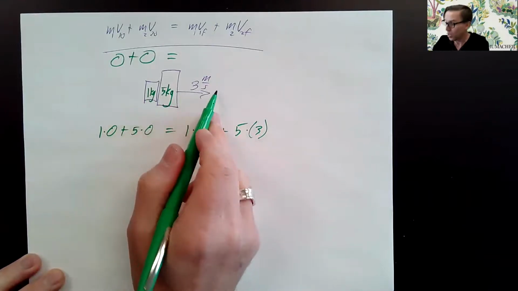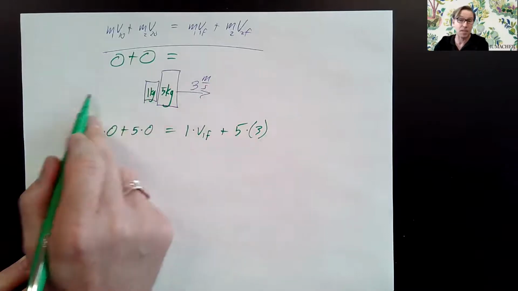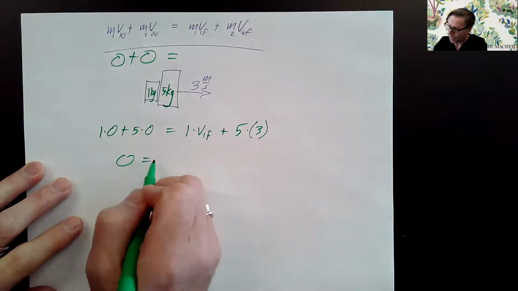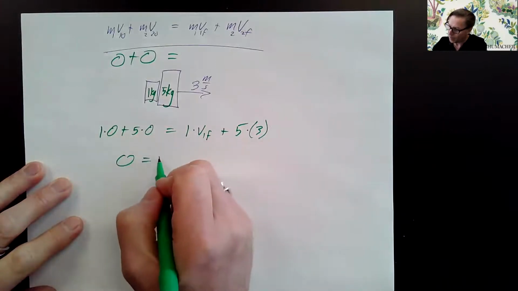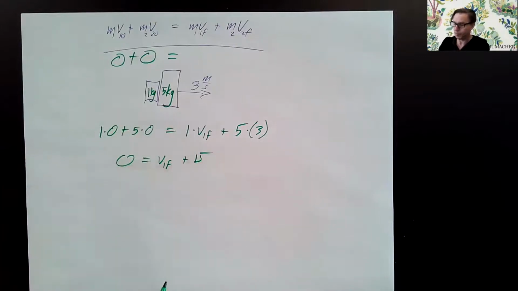Probably not going to happen. So I'm probably going to get a negative number for V1 final, which means this guy's going to be moving to the left. All right, 0 plus 0, 0 on the left. 1 times V1 final is just V1 final plus 15.